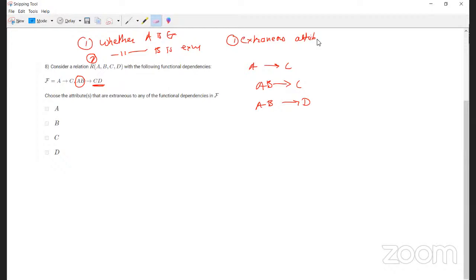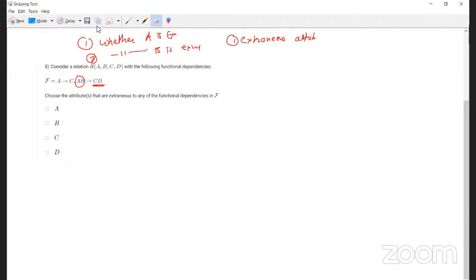We need to tell the extraneous variable, not the redundant one. What I'm saying is AB determines C itself is not required. It's a redundant dependency, because it's not a part of the canonical cover, but we need to tell the attribute that is extraneous.